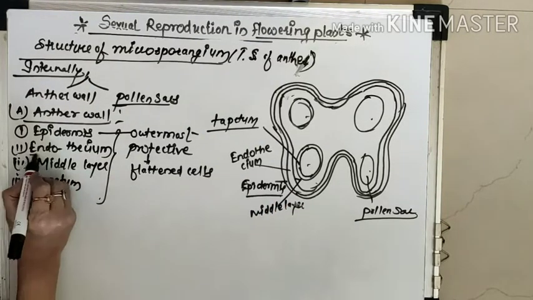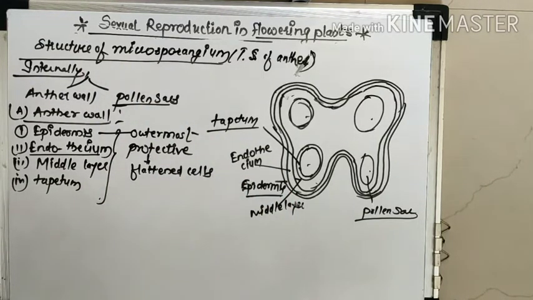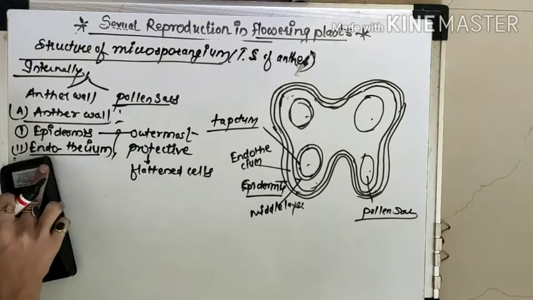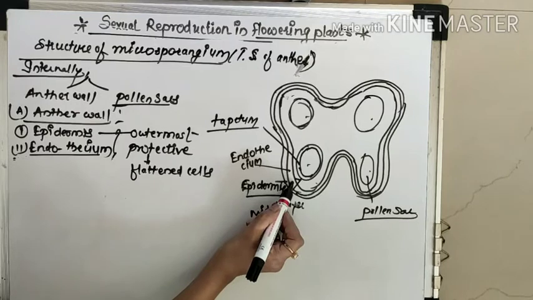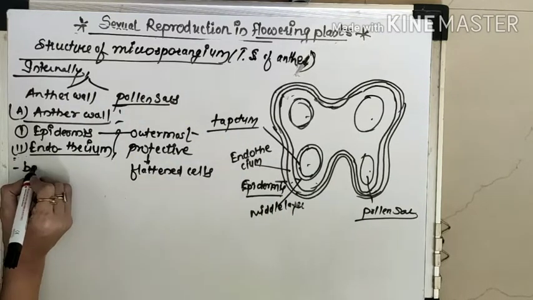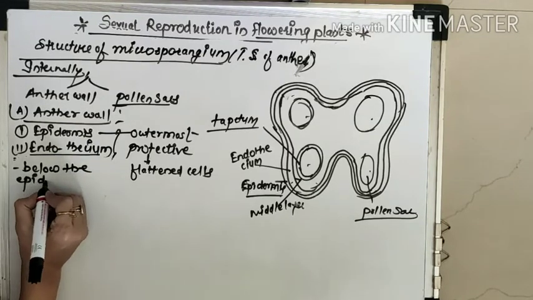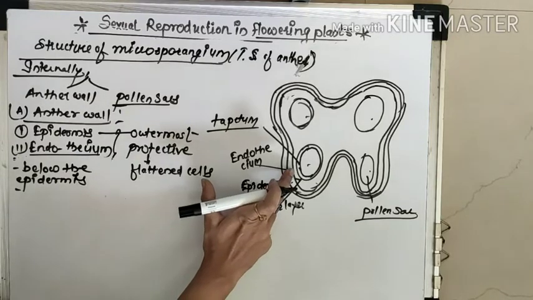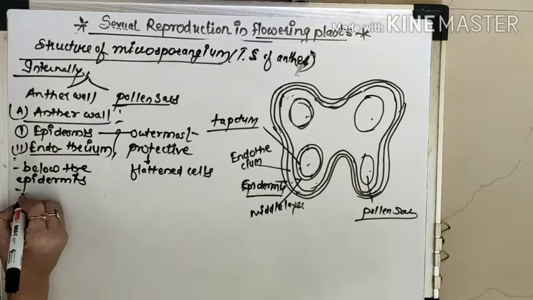The second layer we will see is called the endothelium. You can see endothelium is present below the epidermis. The cells of this endothelium show fibrous thickening of callus.